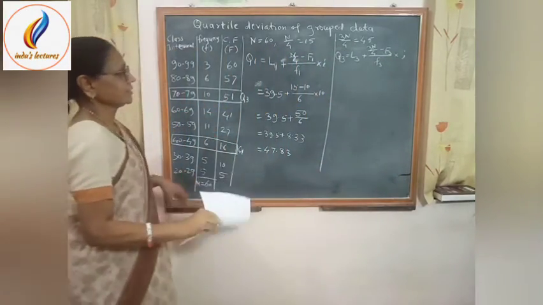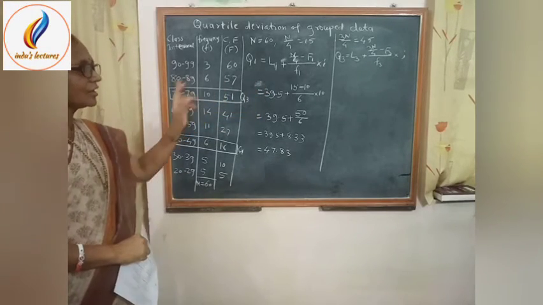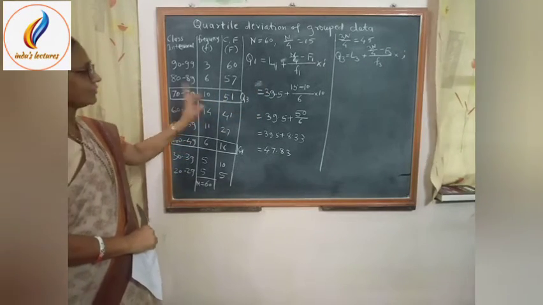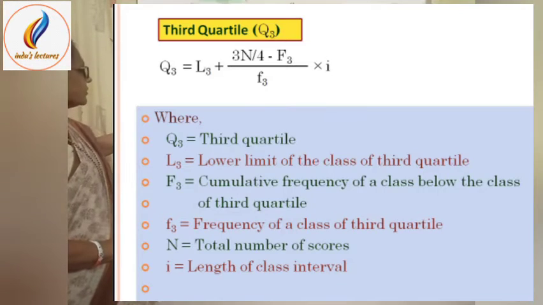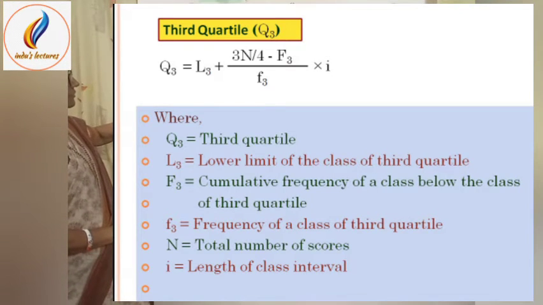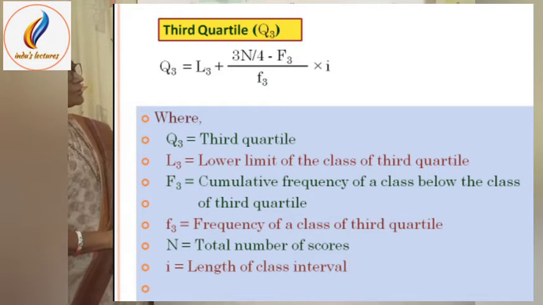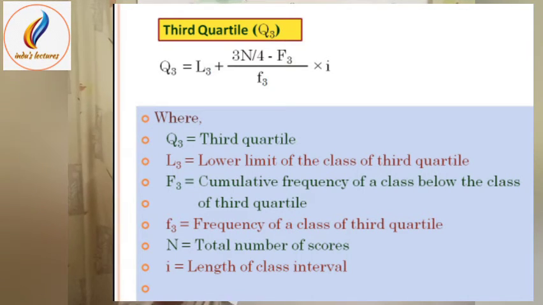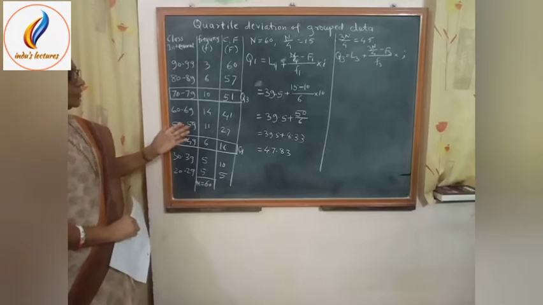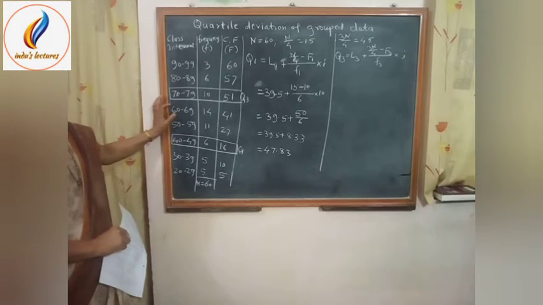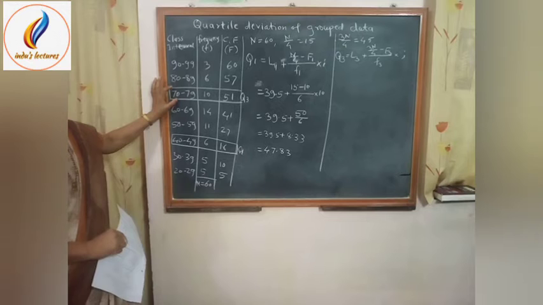Now again L3 means lower limit of class interval of Q3. So the class interval of Q3 is 70 to 79. So its lower limit is 69.5. Capital F3 is the cumulative frequency of the class interval below Q3 class interval.